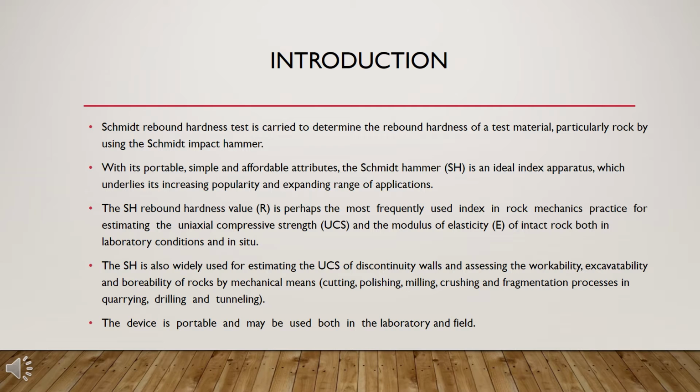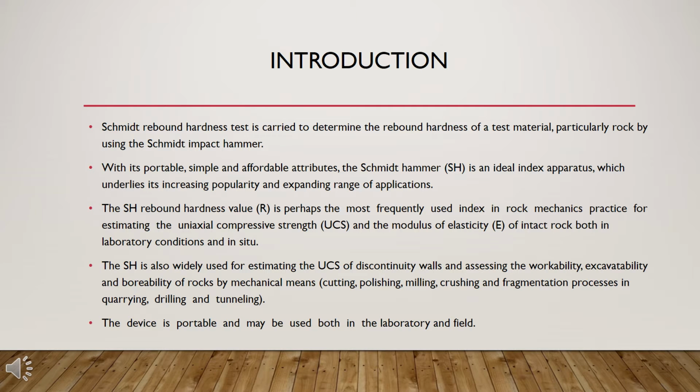Introduction. The Schmidt rebound hardness test is carried out to determine the rebound hardness of the test material, particularly rock, by using the Schmidt impact hammer. With its portable, simple and affordable attributes, the Schmidt hammer is an ideal index apparatus, which underlines its increasing popularity and expanding reach of application.